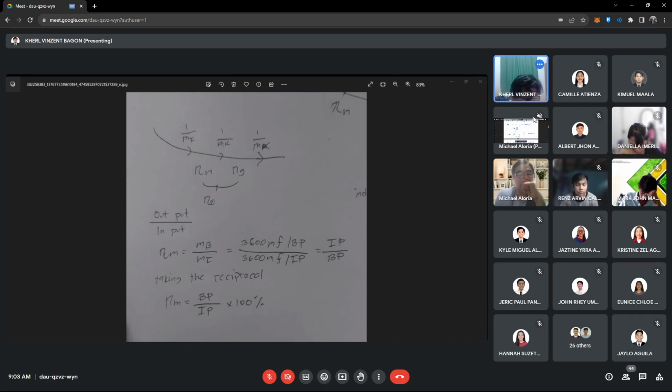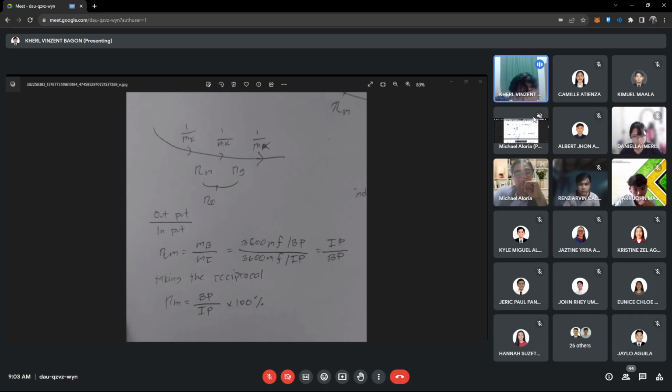Then to get the mechanical efficiency, it is MB over MI. MB is the brake specific fuel consumption and MI is the indicated specific fuel consumption.